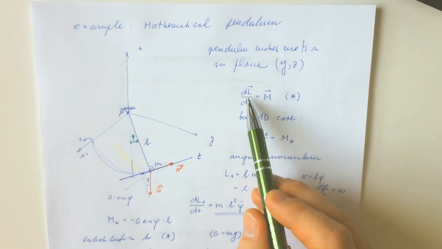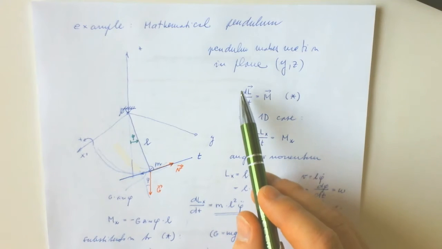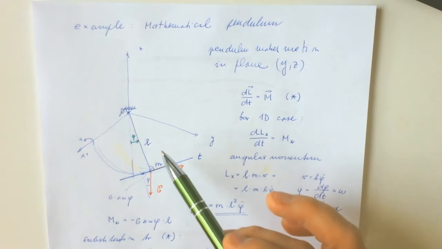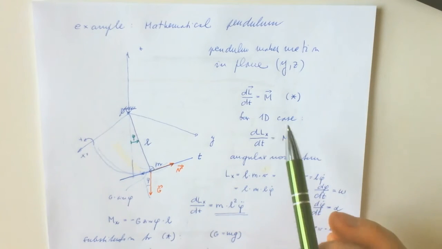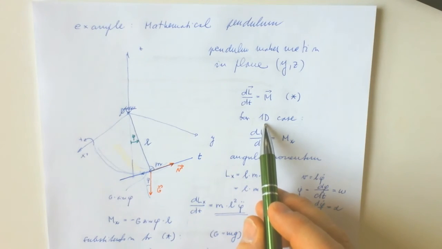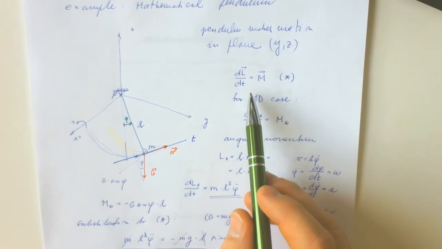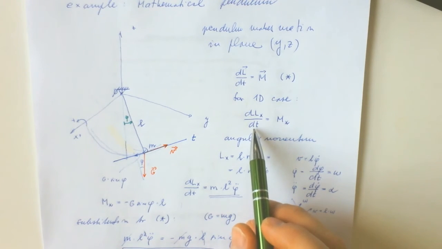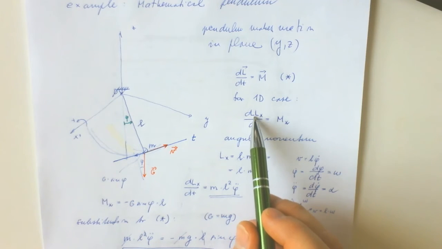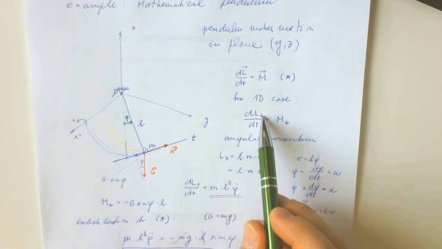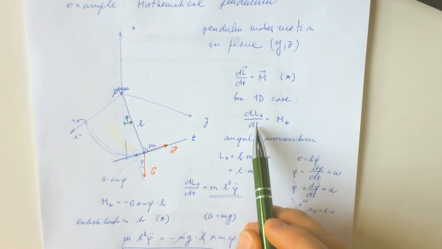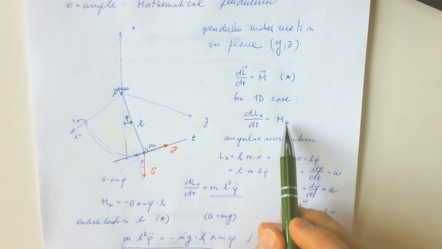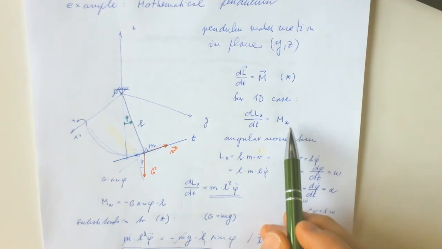So we will use this law of change of angular momentum, and because it is in fact rotation about one axis, it is a one-dimensional case. So we can rewrite this vector equation to component form about x. So it is d of the Lx component with respect to t is equal to the force moment around x.